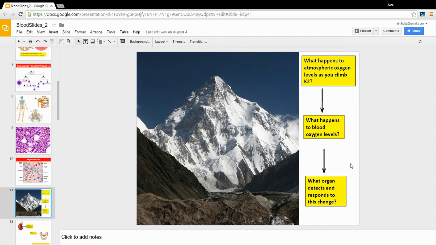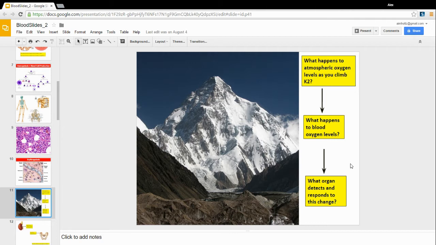Because oxygen levels in the atmosphere go down, the oxygen levels in your blood are going to go down as well. You're actually going to deal with this by making more red blood cells. You're going to do erythropoiesis. This is one of the things that causes you to do more erythropoiesis.